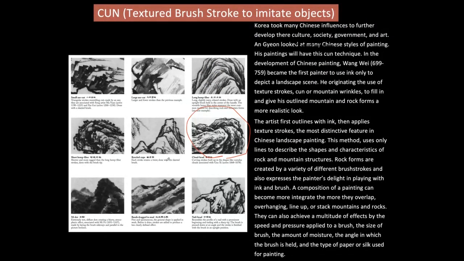Versus if you see here, it's actually a little bit more with wrinkles, but a little bit more soft. And then here, it's totally different techniques. So what we are saying is, Angyeon or court painters are good at all kinds of these brush strokes.